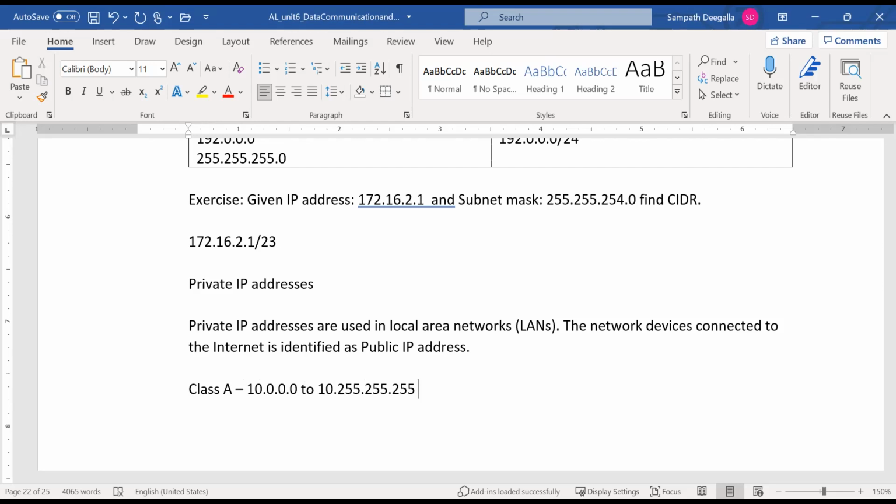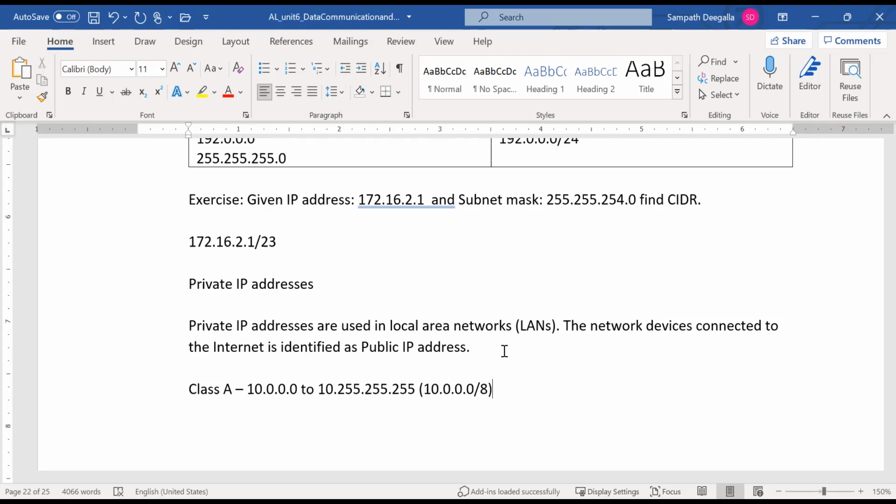Now, usually we have about 16 million addresses. If you use the slash notation, this is usually put as 10.0.0.0/8. So this is how we usually represent it.